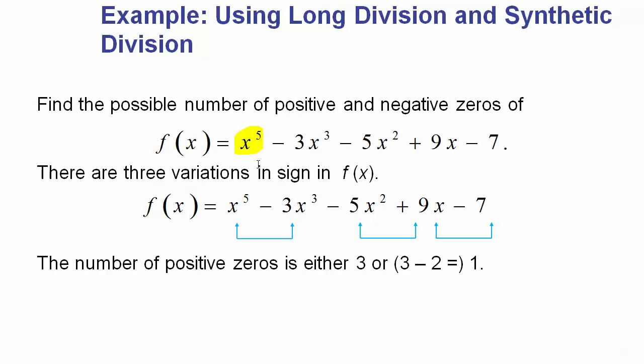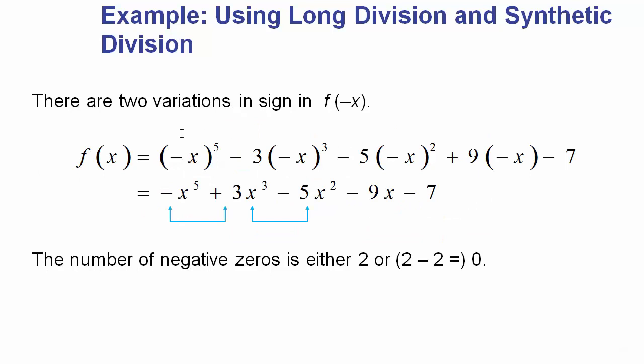Here's another example. With this polynomial, we can check the signs. We go positive, negative, it stays negative, then it switches and switches, so it's either 3 or 1. When we look at the negatives, evaluated at a negative x, we get two switches there, so it's either 2 or 0.